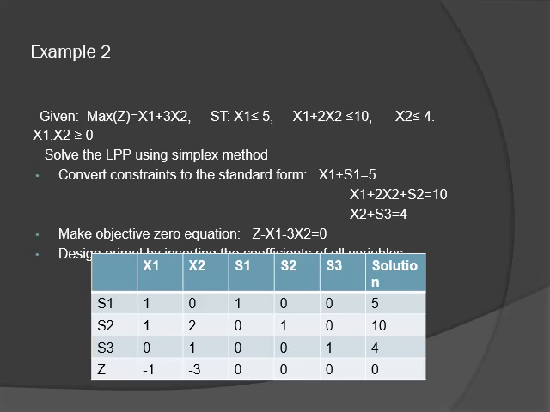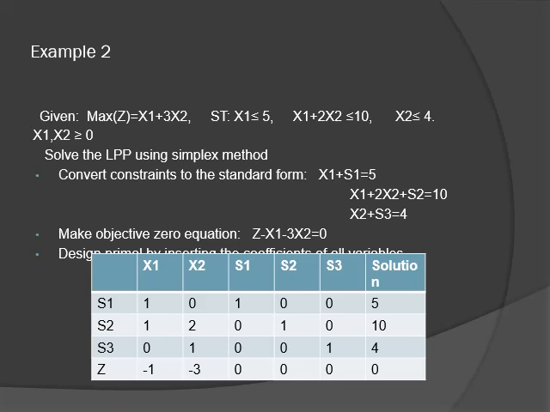The first row, the row of S1, consists of the coefficients of x1, x2, s1, s2, s3 and the solution in the first constraint. Returning to the first constraint, the coefficient of x1 is 1, there is no x2 so the coefficient equals 0, the coefficient of s1 is 1, there is no s2 or s3 so they equal 0, 0.